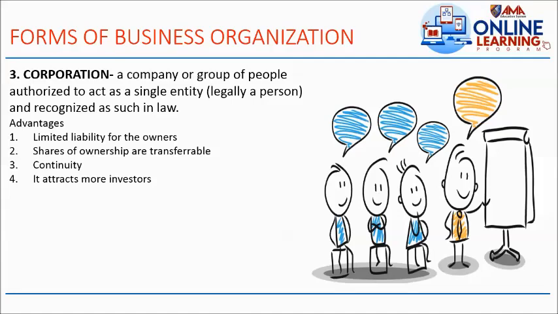Next, centralized management. Because it is already a corporation, every decision ay nanggagaling sa centralized or dun sa utak ng negosyo. Just like SM or katulad nga rin ng McDonald's. Pansinin niyo, di ba? Sino yung nakapagtrabaho sa inyo sa McDonald's? Or Jollibee?